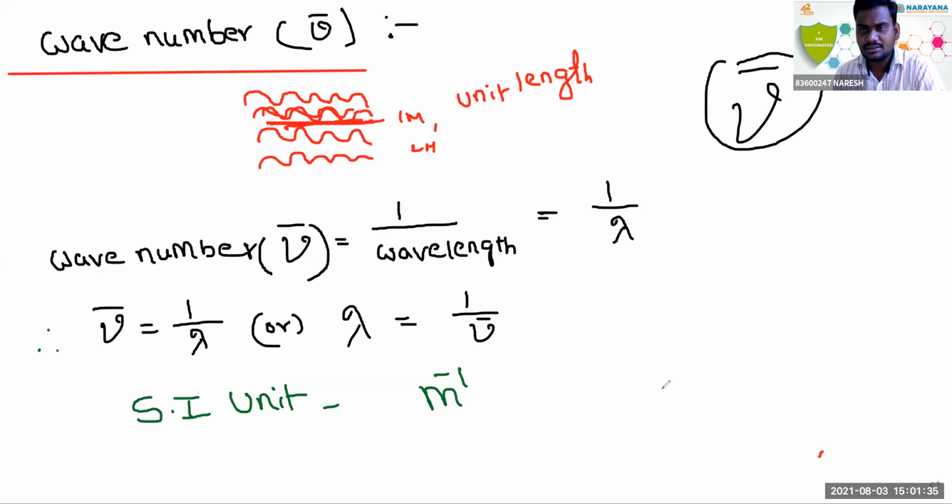Now, till now we discussed frequency, wavelength, wave number, and the speed of light. Now I want to give some clarification on the relation.